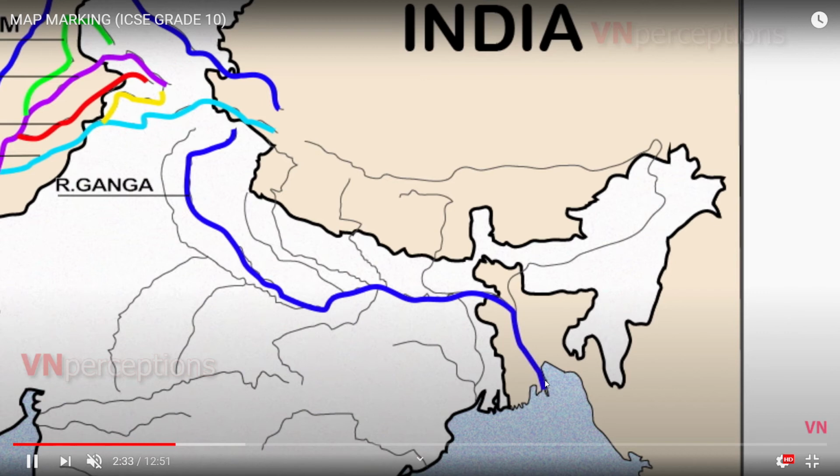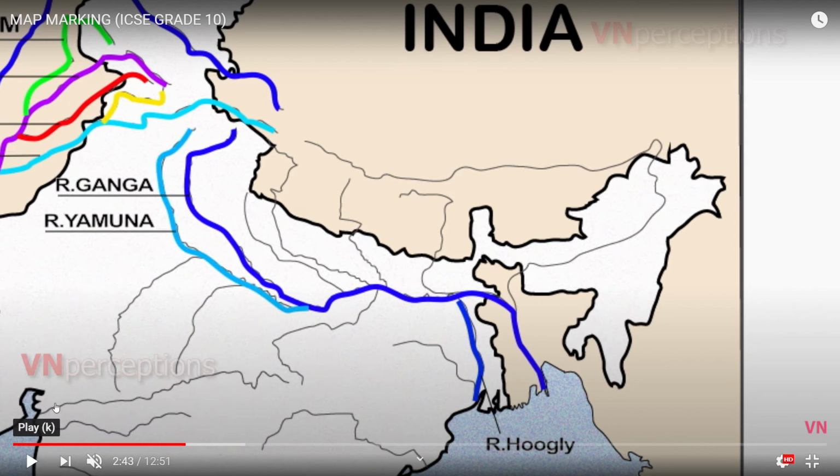This is how you have to remember river Ganga. River Hooghly is a distributary of Ganga which comes out of it. River Yamuna is a right bank tributary of river Ganga. Next to Ganga, make river Yamuna move parallel to it and meet Ganga at Allahabad.